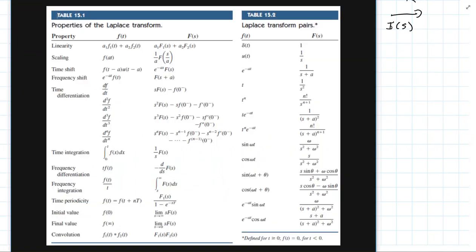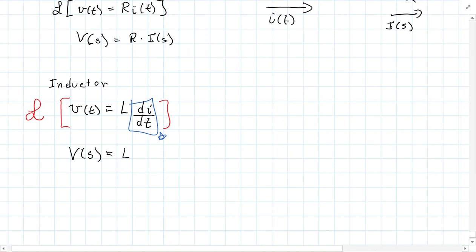Let's go back to the table, find time derivative, the very first one: if you have a derivative, you get s times F(s), minus the initial condition. So we get L times [s I(s) minus i(0-)].